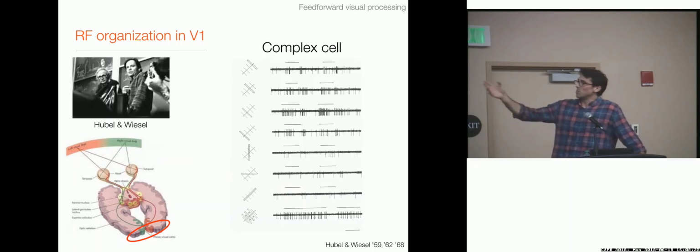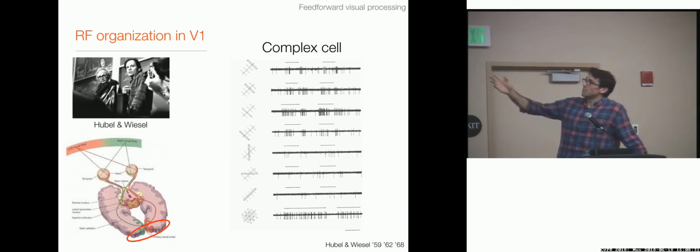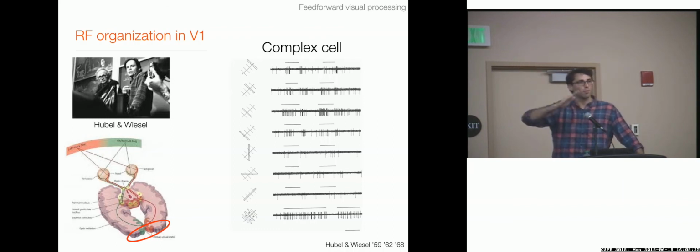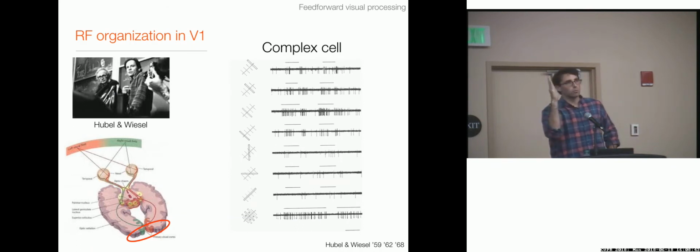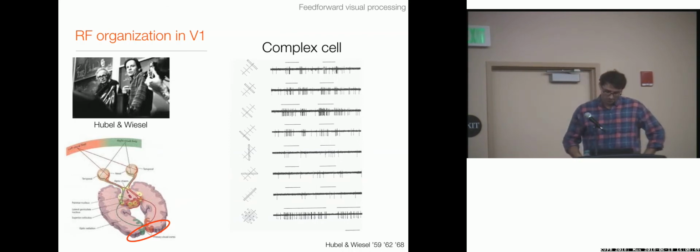And so again, with this old school but very, very elegant experimentation, they found that if you passed a preferred stimulus across locations, a complex cell would fire pretty much the same across those different locations. But when you reoriented the stimulus, when you changed its orientation, the complex cell would stop firing.